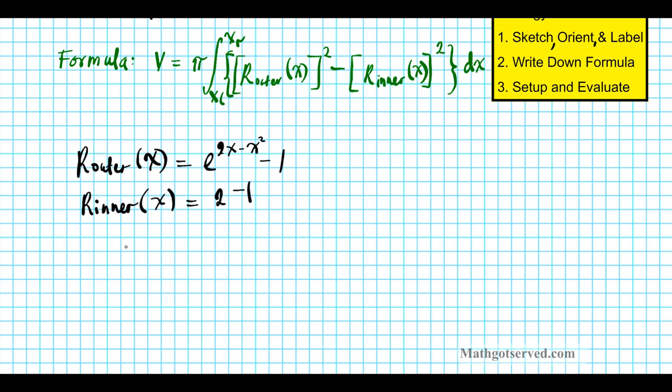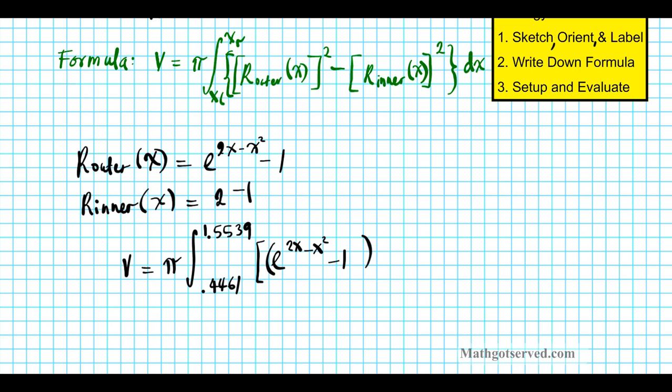We're going to put everything together in the formula to find the volume. V is going to be pi times the integral from x left, 0.4461, to x right, which is 1.5539, of our outer, e to the 2x minus x squared minus 1, squared.